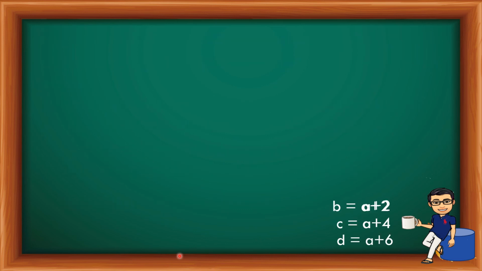Okay, so let's start solving this algebra challenge number 4. Again, these are the representations of our integers. There is no representation given to A since A is our first even integer. So the steps that we need to work on is by substitution.